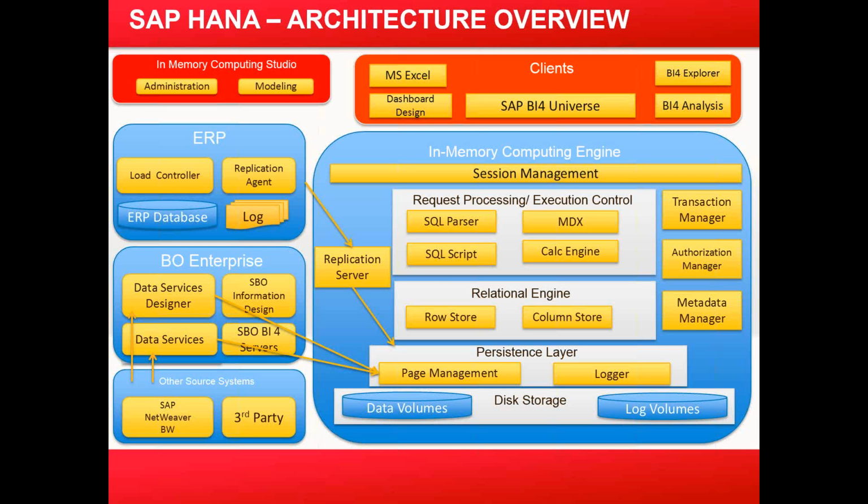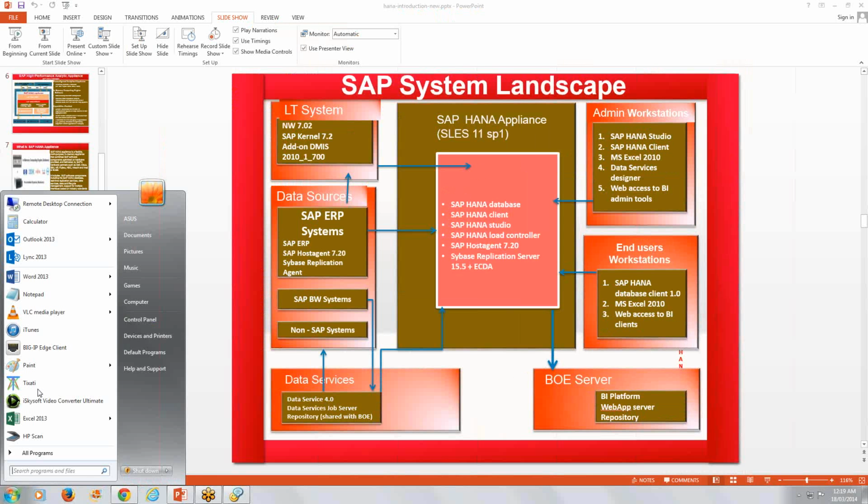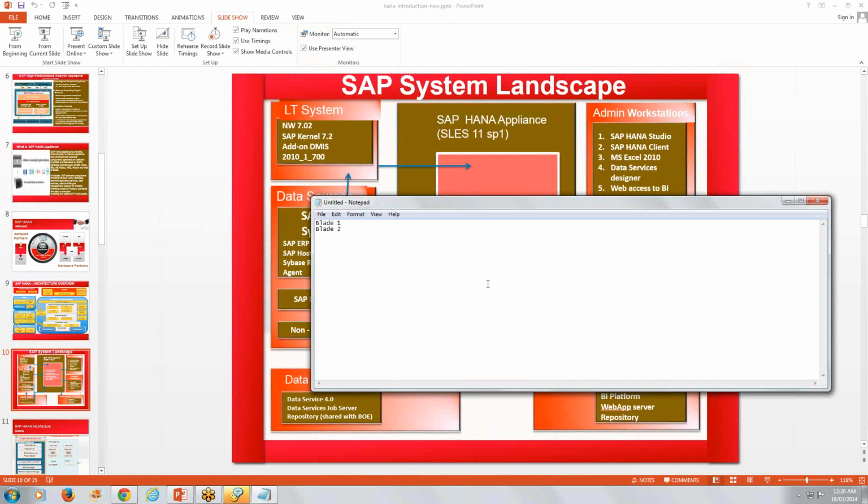Let me write it down on the screen. Blade 1, blade 2, blade 3, blade 4, blade 5.